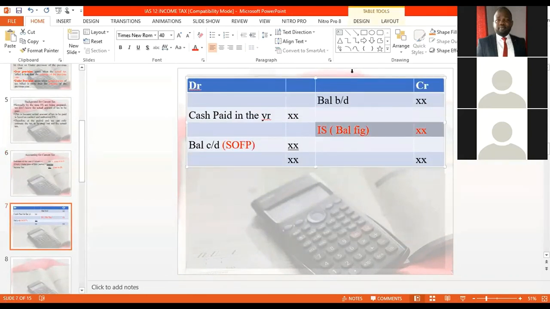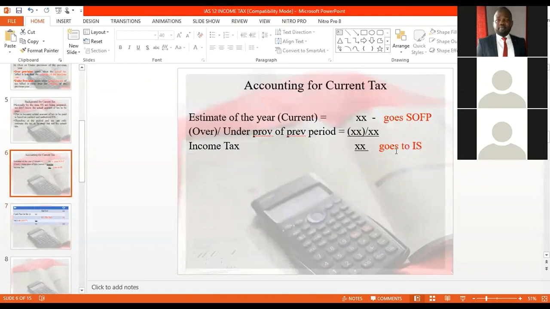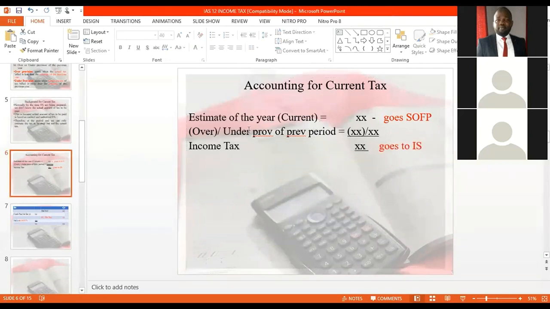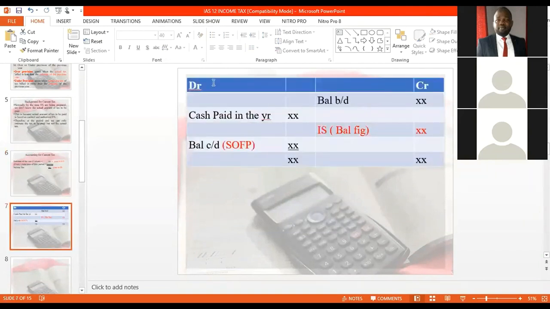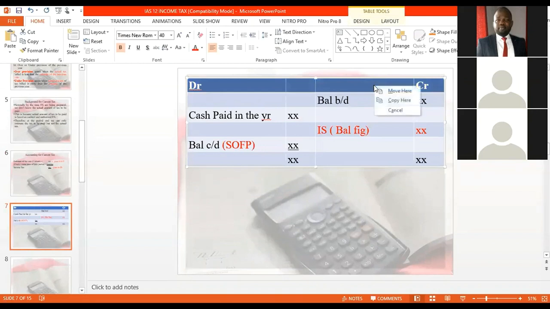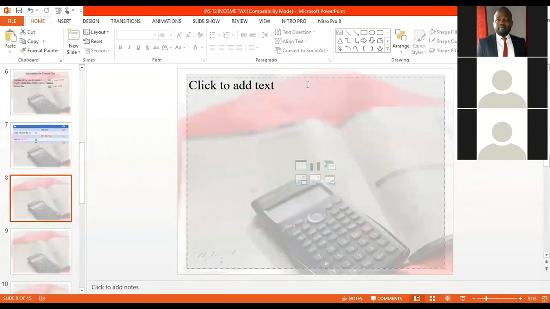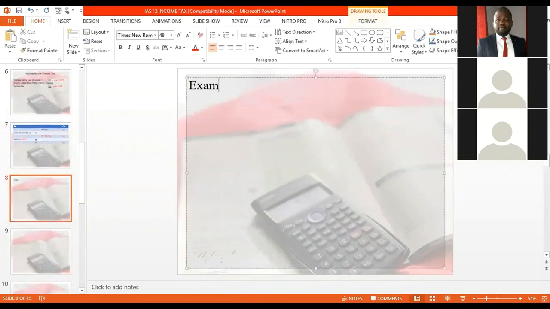If you use a T account, this balancing figure is the same as this answer here, if you are right in accounting for over and under. So you have alternative ways. This is method one of how to find it, and the other one is method two. I'll do the same, so let's look at an example.